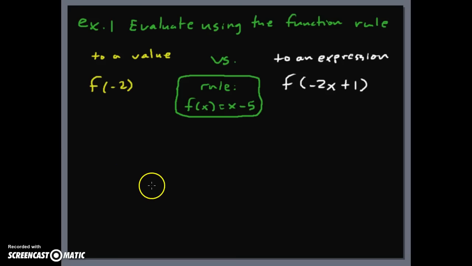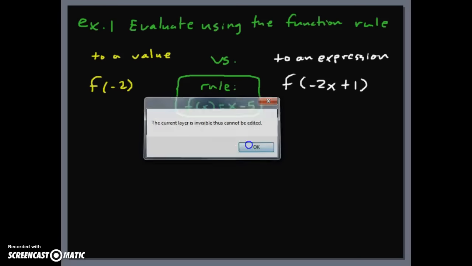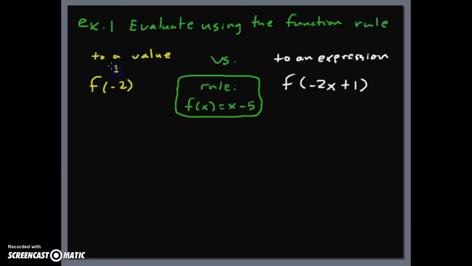So here we have example number 1. I'm showing you on the left what we did in the previous lesson, where we just evaluated a number, and on the right we've got today's lesson, where we're evaluating given an input with a variable. So if it was asking us to evaluate using the function rule f of x equals x minus 5, in the previous lesson we took our input, which is negative 2, and put it in for our x variable.